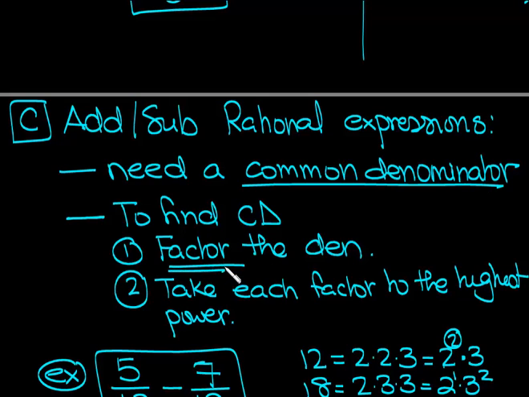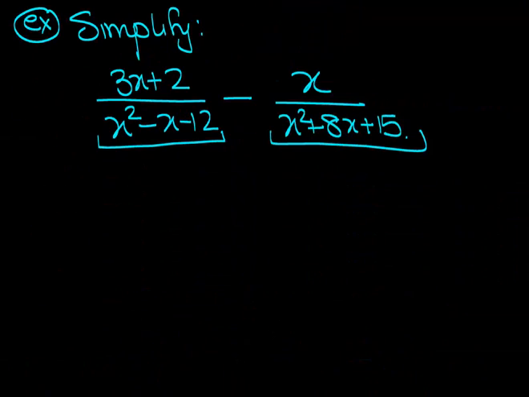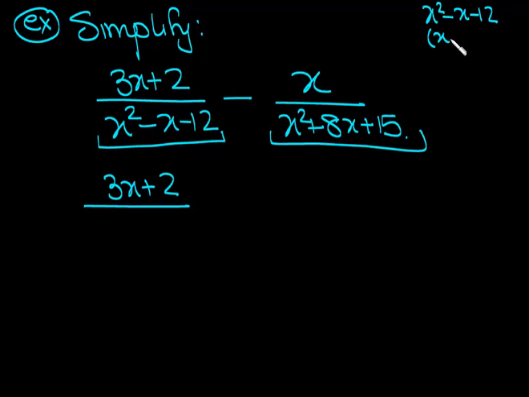So let's find that. How? We factor the denominators first. So let's do that. We have 3x plus 2 on the top. You can go on the side and factor this. You have x squared minus x minus 12: 3 terms, degree 2, nothing in common. You get x, and then negative 4 and positive 3.